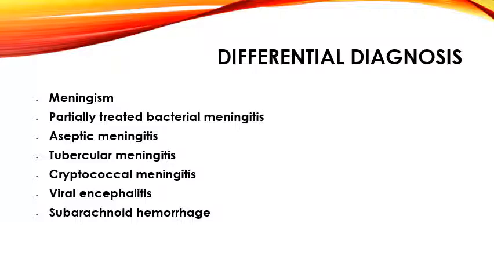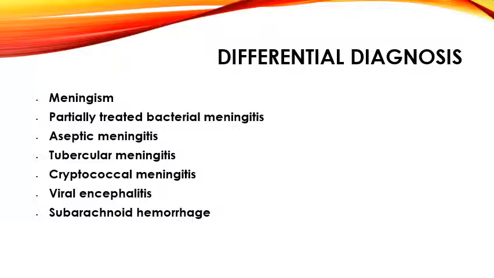Meningismus. Here you get the signs of meningeal irritation, but the other findings of meningitis are not present. Partially treated bacterial meningitis. In these patients, the patient would have gone to some doctor in a very initial stage, and the doctor would have started antibiotics. The patient would have improved of fever and hence the antibiotics are stopped.